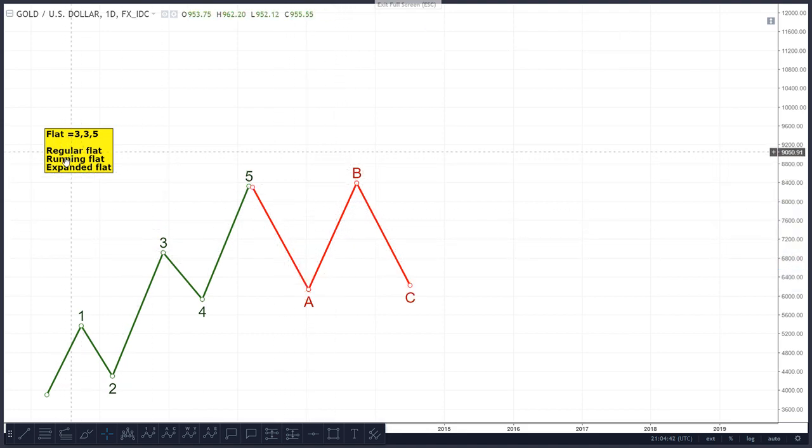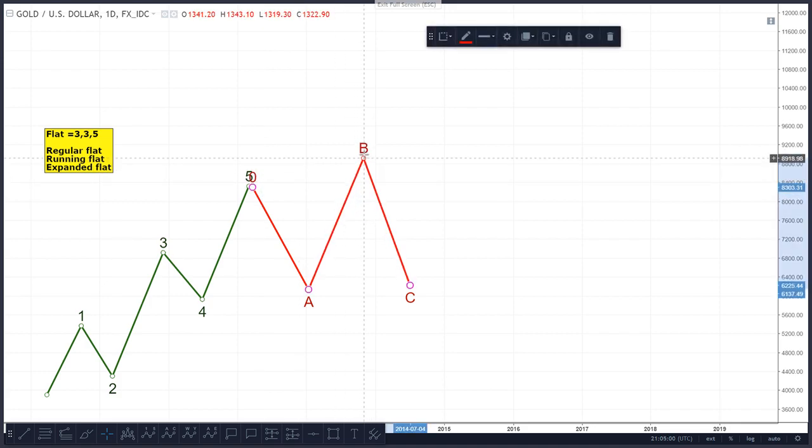Now the only difference between these flat patterns, whether it's a regular, running or expanded flat, is essentially where B and C are positioned in relation to A. So in a running flat, what you'll get, instead of B coming up to where A started, it will actually go a little bit higher.